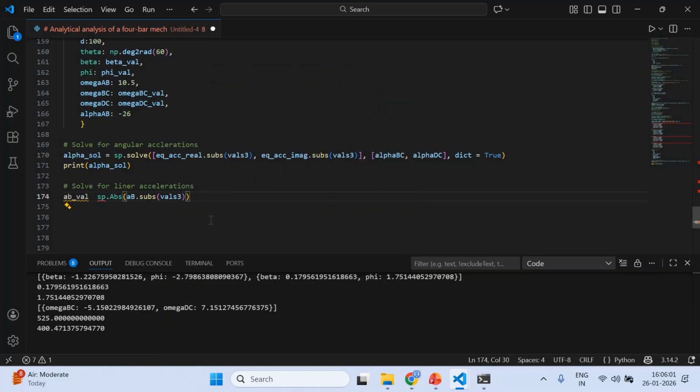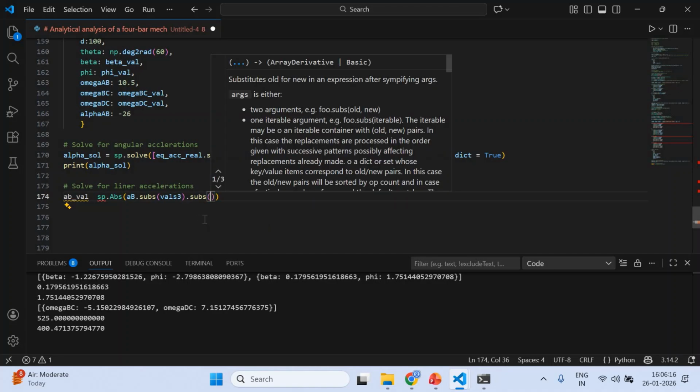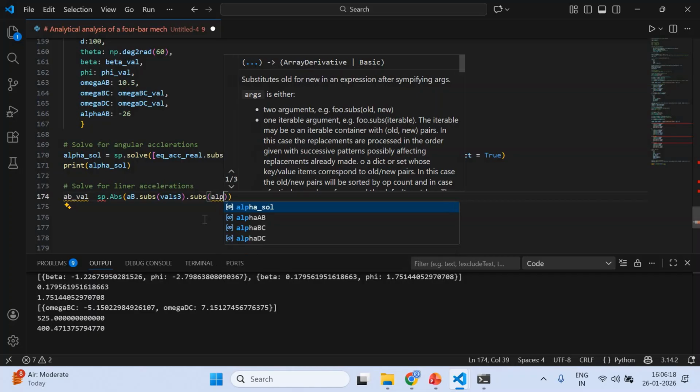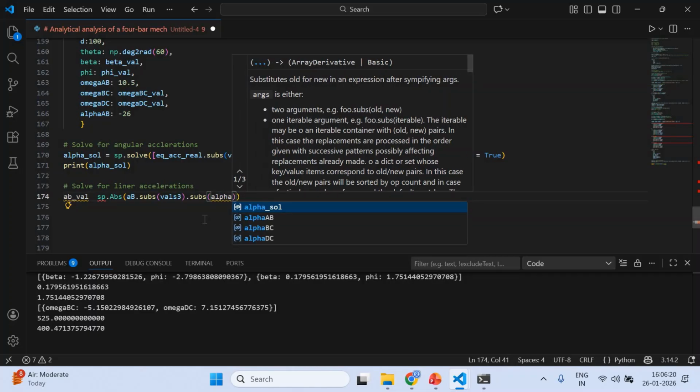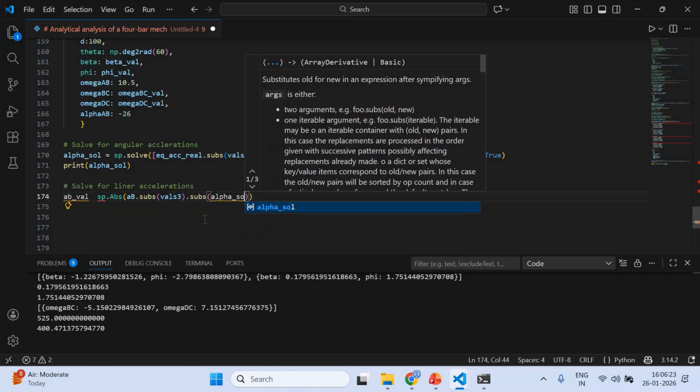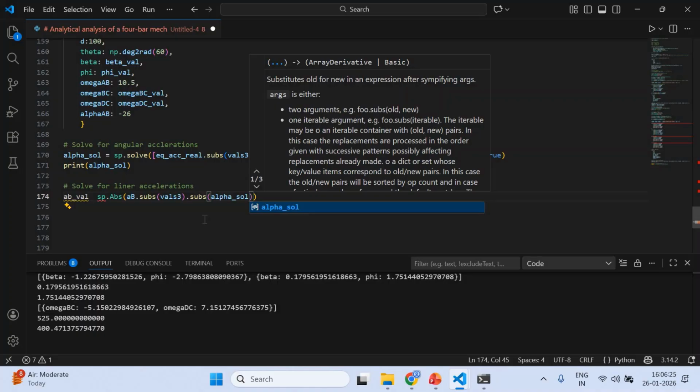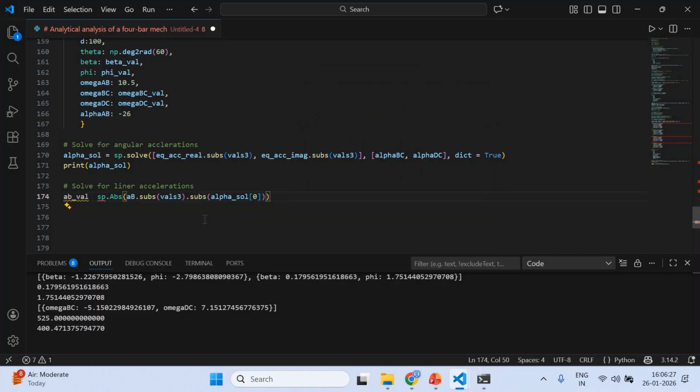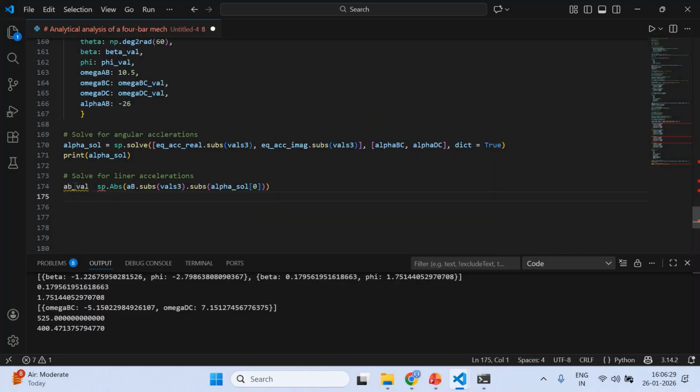These values we already have, but apart from this we also need to substitute the omega values, correct? So omega BC, omega DC, they are there, right? If they are there, then let us simply substitute alpha values. So alpha underscore sol, then obviously just access the corresponding value from the dictionary, and this is AB underscore val is equal to this one, right?